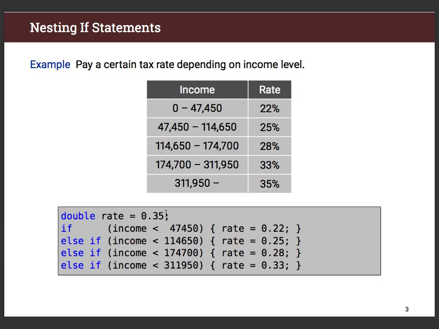You are saving an else at the end, but I think this is for safety rather than just saving space. So it says if the income is less than blah, blah, blah, the rate is that, else if income is less than that, the rate is that, else. Once again, not following the rules exactly, but it is kind of clear and neat, and I would be happy to read this in one of your programs.